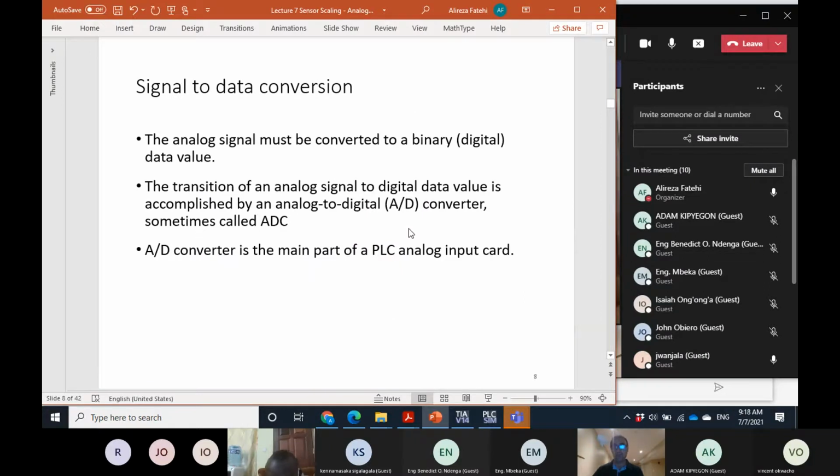How does the PLC analog input read that voltage? The sensor reads the actual physical variable, the temperature, for example, and generates some voltage.